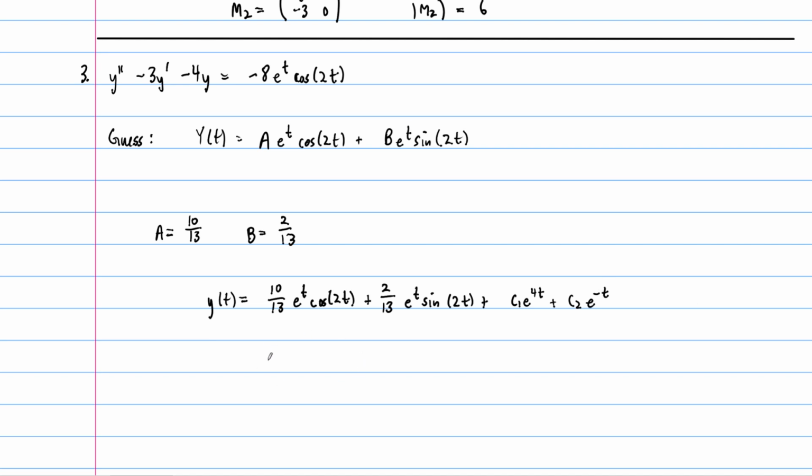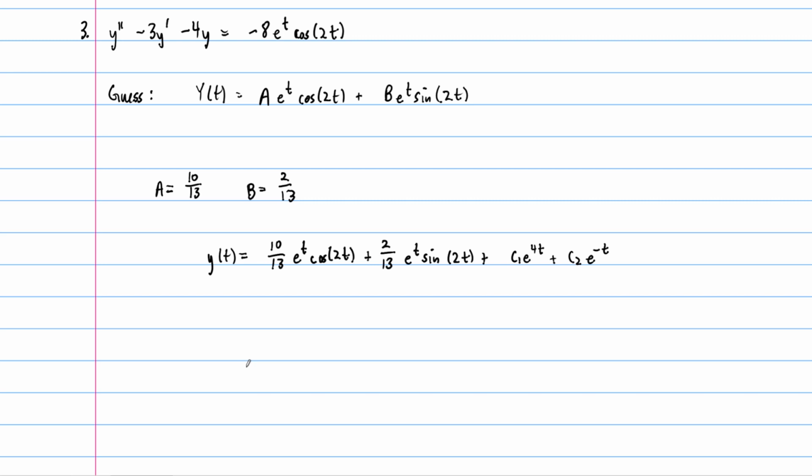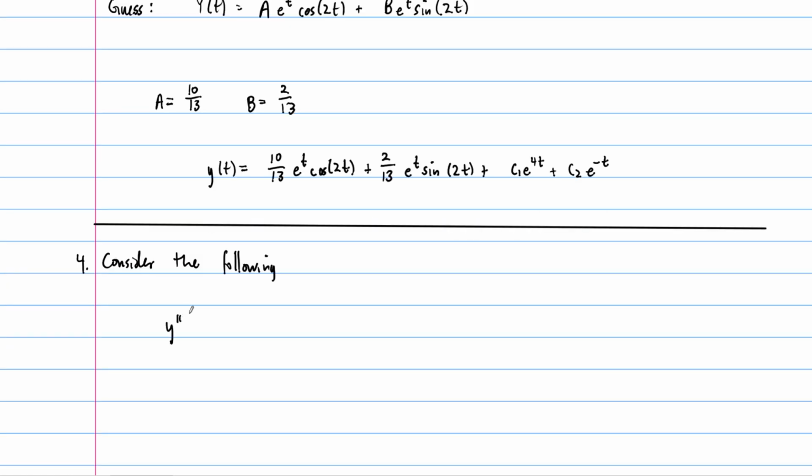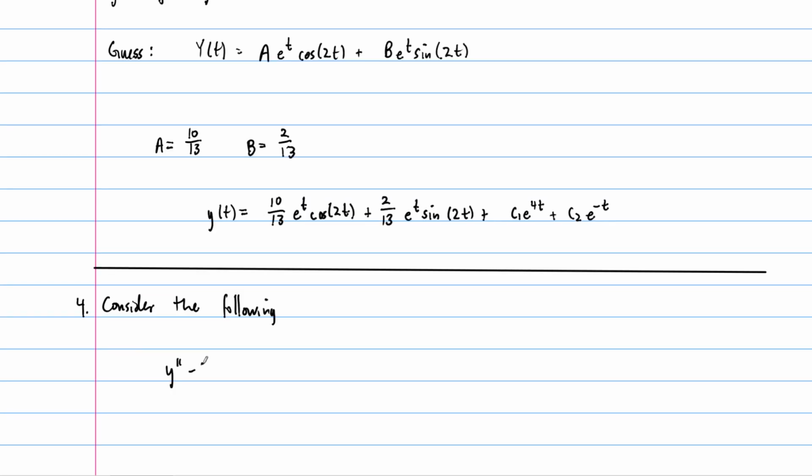Now we can actually put this all together and consider the following. Let's call this number 4. Let's suppose that we had a differential equation with the same left-hand side. We've been doing all this with the same left-hand side, y double prime minus 3y prime minus 4y.